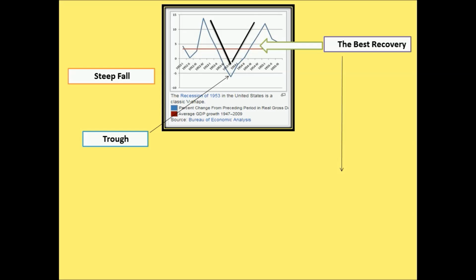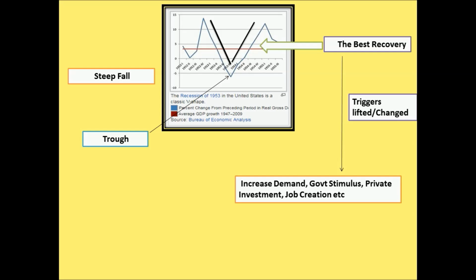The recovery of the economy is happening because some of the triggers which caused the fall in the economy are removed or changed.